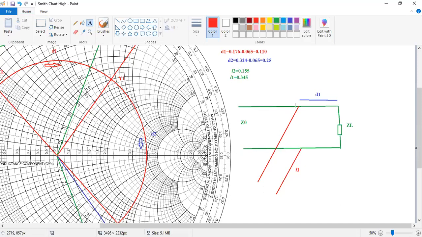So this stub will do the current distribution here, and the length of the stub and the distance of the stub is such that you will have this impedance matching. Whatever the real and imaginary part, that is R plus jX equals R minus jX. So it will get matched. So there is no question of current flowing in between. Okay. So this is the thing.